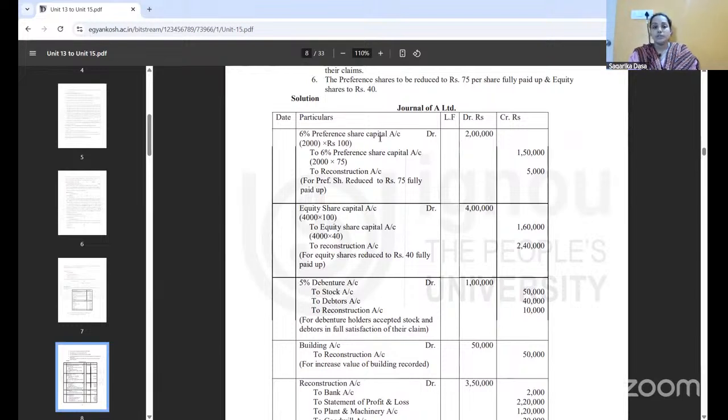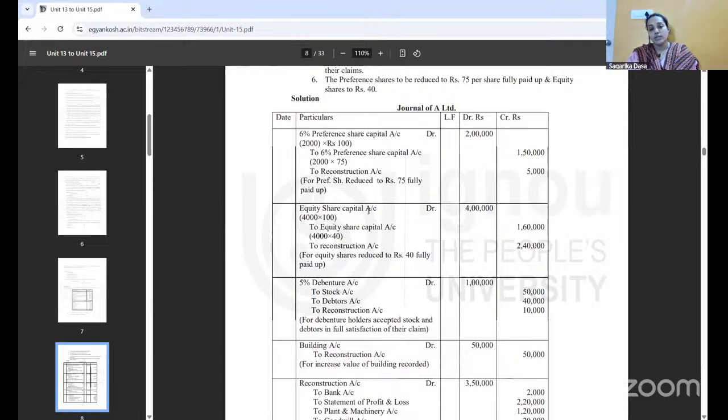So 6% preference share as it is గా తీసుకున్నాం అంటే 2000 into 100 అని. న్యూకి వచ్చేసరికి అది ఎంతకి రెడ్యూస్ అయింది, 75 కి రెడ్యూస్ అయింది. సో 2000 into 75 is 1,50,000. సో 2 lakhs ఉండాల్సింది ఇప్పుడు 1,50,000 ఉంది. ఎంత రెడ్యూస్ అయింది, 50,000. సో 50,000 షుడ్ బి ట్రాన్స్ఫర్ టు capital reduction account or reconstruction account. This is your preferential shares. Simple. Old share capital to new share capital, the difference between old and new is reconstruction account.